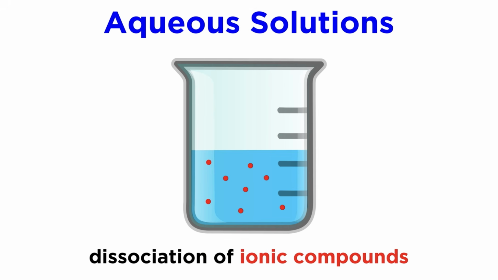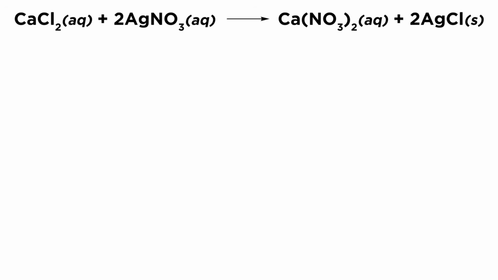We can now extend this to chemical reactions that occur in aqueous solution. Sometimes these reactions involve ionic compounds that dissociate in solution, and the ions that comprise these compounds may swap to form new compounds. Here is a balanced equation depicting aqueous calcium chloride and silver nitrate reacting with one another to form aqueous calcium nitrate and solid silver chloride.